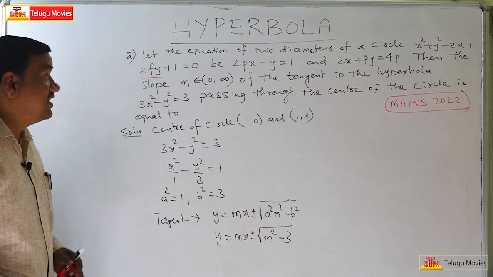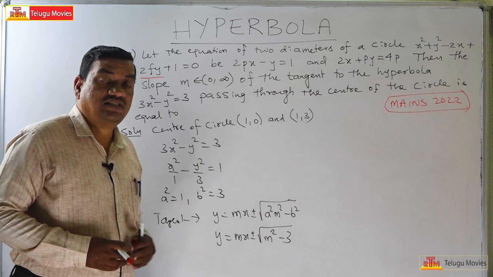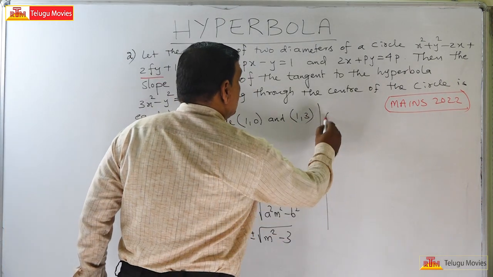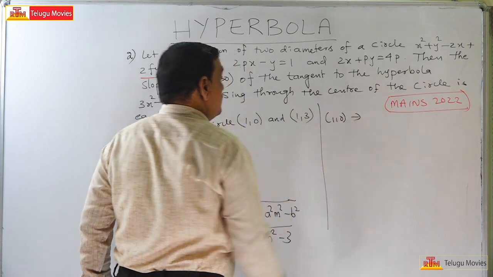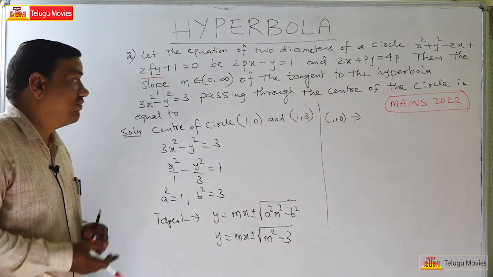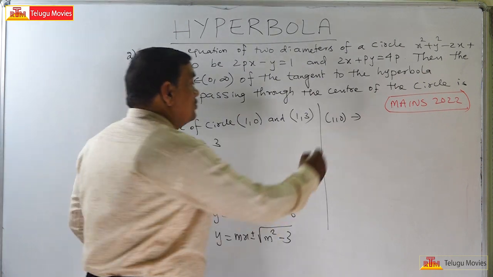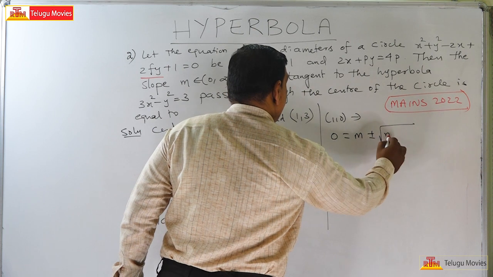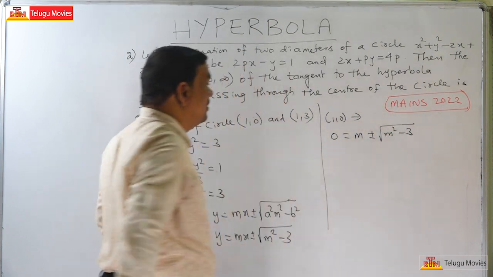It is given that the tangent passes through the center of the circle. Let us take the first center, that is 1 comma 0. Substitute here 1 comma 0, wherever x is there substitute 1 and y is 0. So, here 0 is equal to m plus or minus root of m square minus 3.